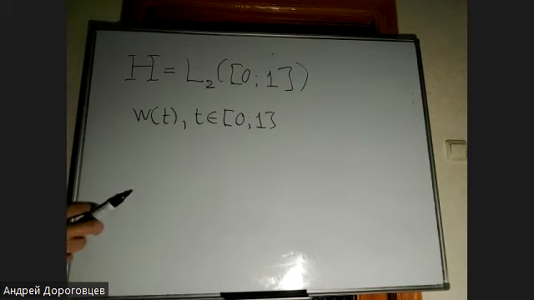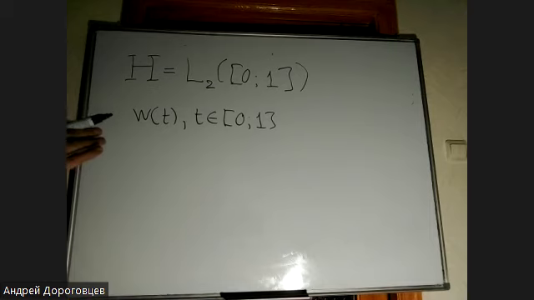You remember that we have two descriptions of our generalized Gaussian random element in infinite dimensional Hilbert space, or Gaussian white noise. The first one is based on a family of independent standard normal variables and some orthonormal basis.